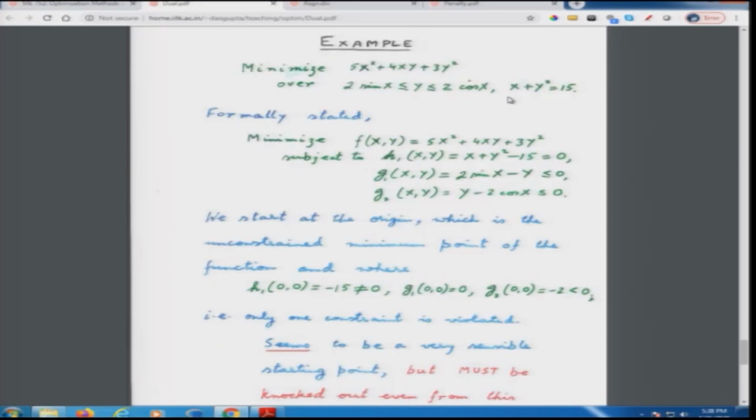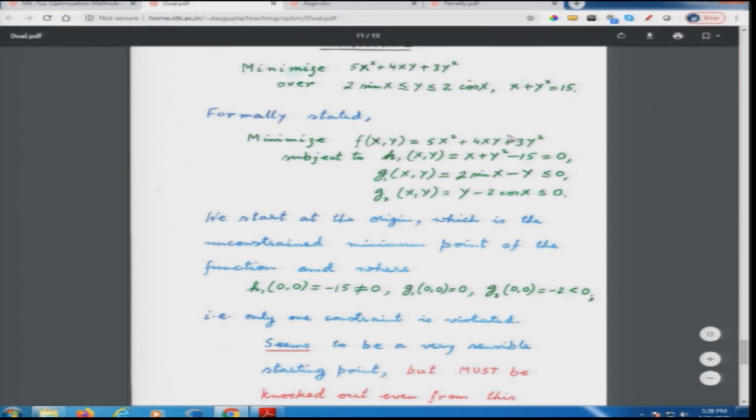The actual domain is defined over and above by an equality constraint, a parabola. Formally stated, minimize this function subject to h x y, that is x plus y square minus 15 equal to 0, and 2 sin x minus y less than equal to 0, and y minus 2 cos x less than equal to 0.